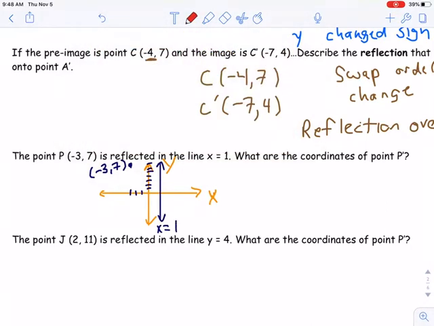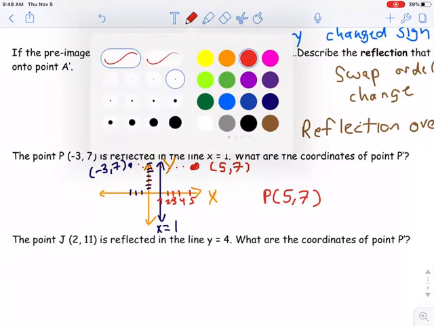Now, notice how this point is 1, 2, 3, 4, it's 4 to the left, so it's going to be 4 to the right. Well, if I go 4 to the right, that's going to be 5, 7. So drawing it out is going to help me figure out that P prime has those coordinates right there.